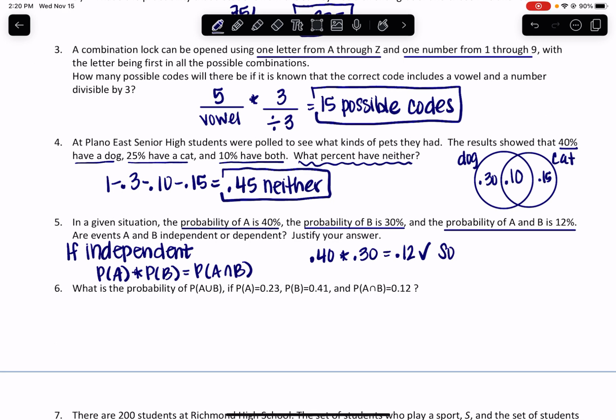So probability of A and probability of B are independent.